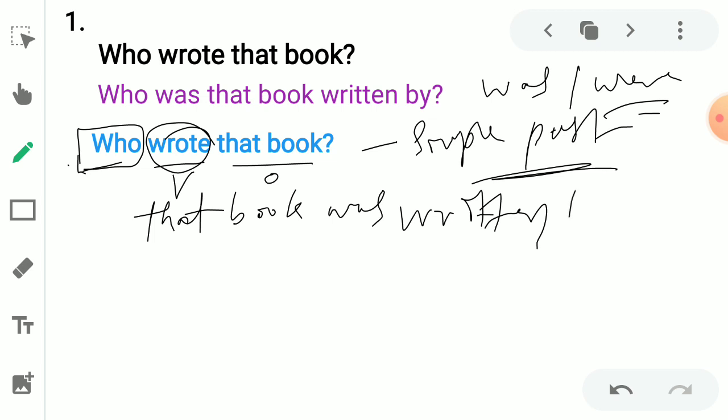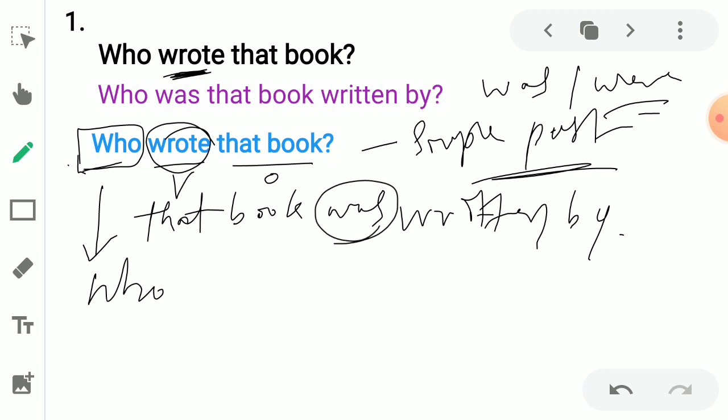What next? Written by. Put a full stop here at the end. Then come to the point we are discussing. You take the WH word who at the beginning. Who. Then, as you know, the statement has a helping verb, so you take this helping verb first.